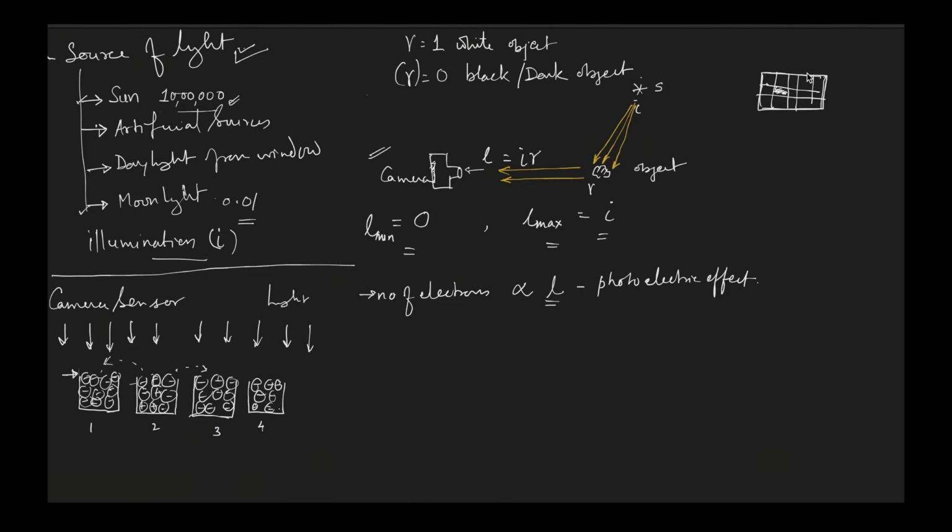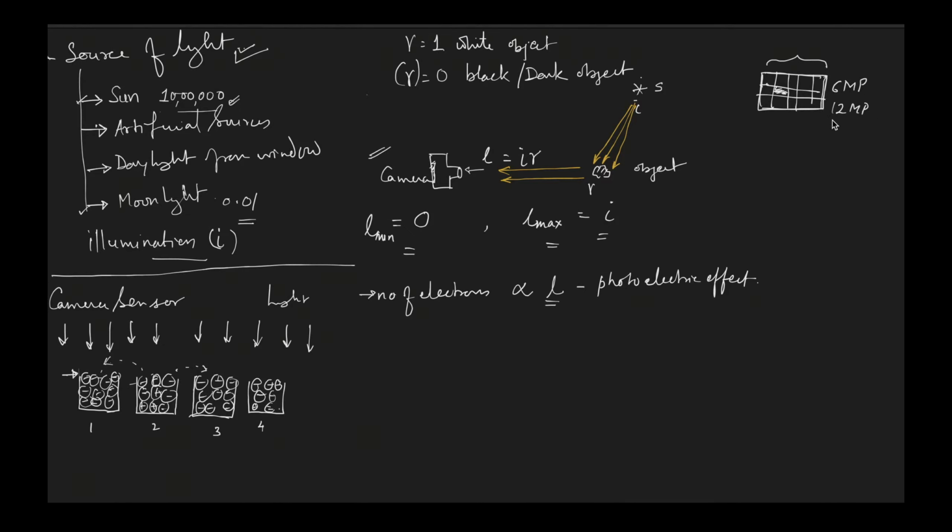So on a given sensor, there is a difference between the sensor size, which is this size, or typically it is measured in terms of the diagonal line, and the pixel size. So the same sensor can be 6 megapixel, and the same sensor can be 12 megapixel.